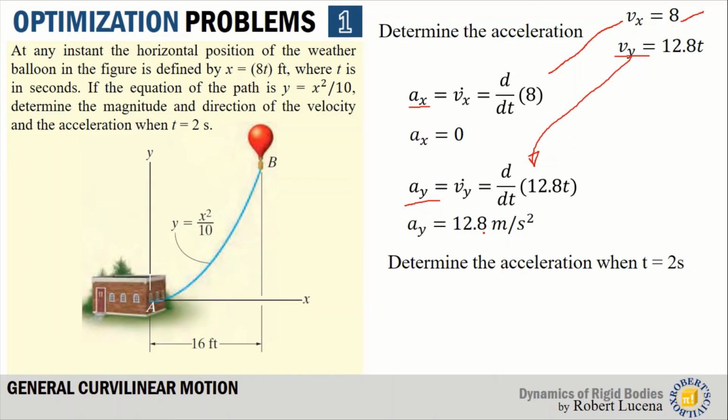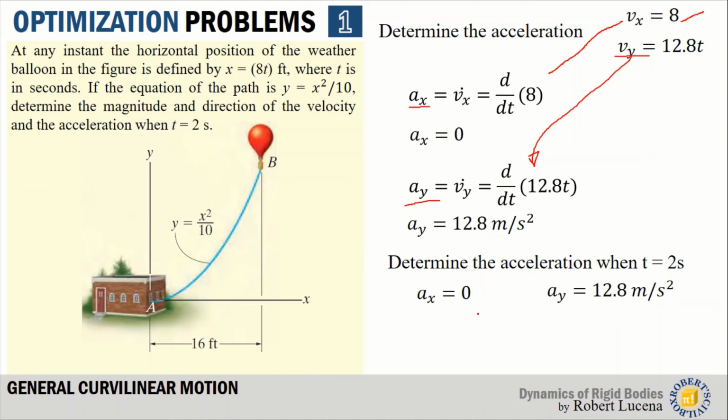But we are asked to get the acceleration at a certain condition, when t equals 2 seconds. So now let's rewrite the equations above. So we have acceleration x equal to 0 and acceleration y is constant. Therefore, at any point on the curve, there is a constant acceleration.